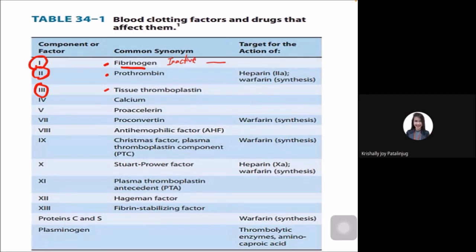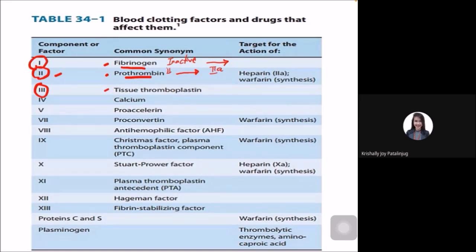Diba? So, ilagay ko in active. Okay? Now, another important clotting factor, yun na nga, is clotting factor 2, which is prothrombin. Okay? Now, once activated yung prothrombin, di ba, you will now have 2A. Kasi this is clotting factor 2. Kapag na-activate siya, naging 2A na yan.